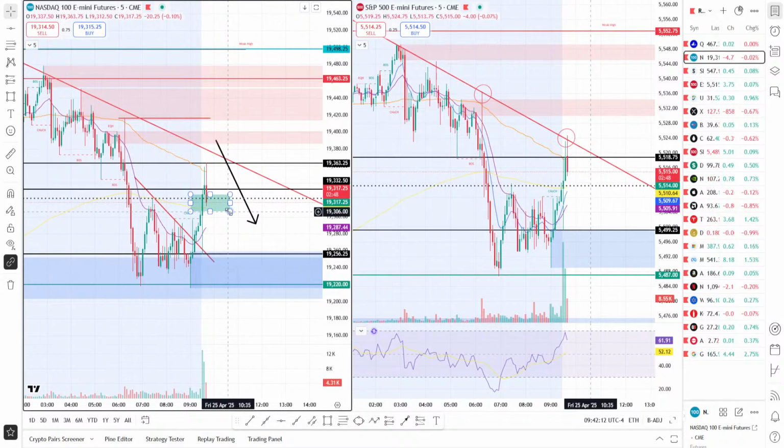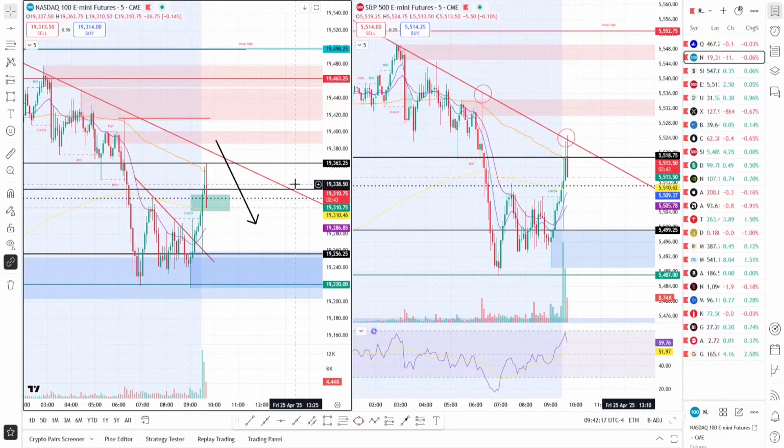Those are looking very strong right here. This might be a good time to get some shorts.